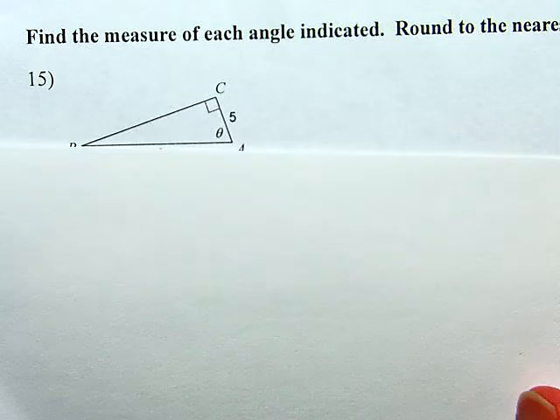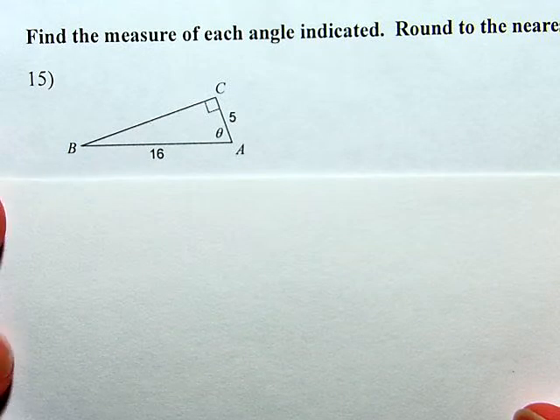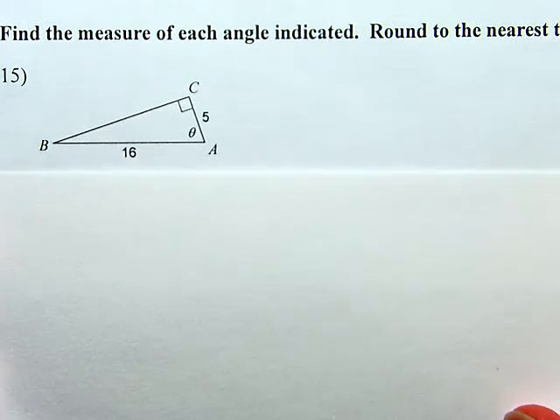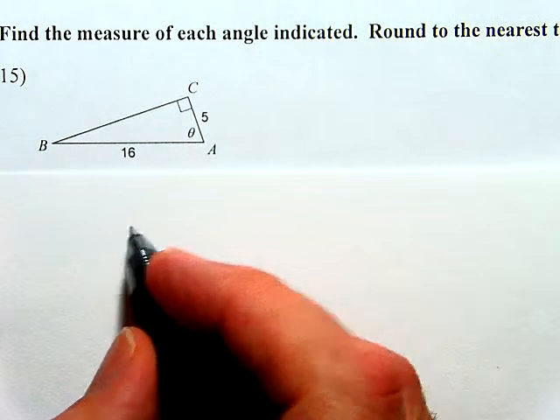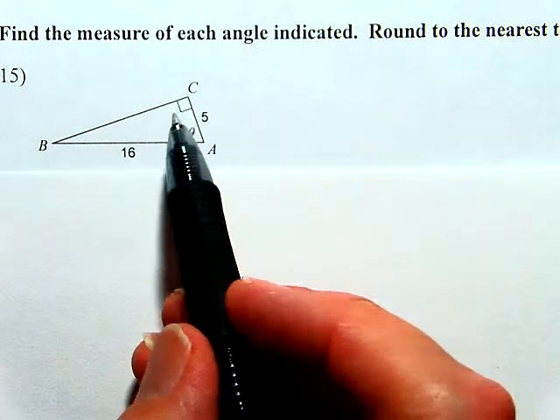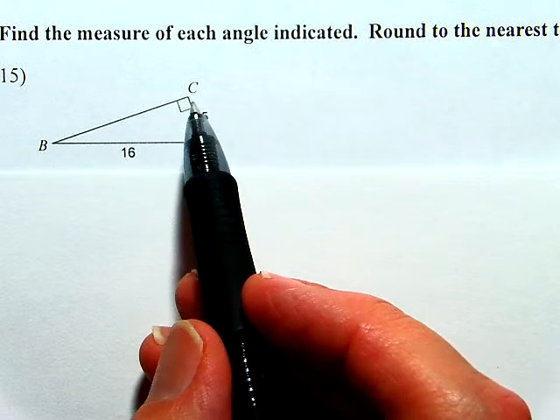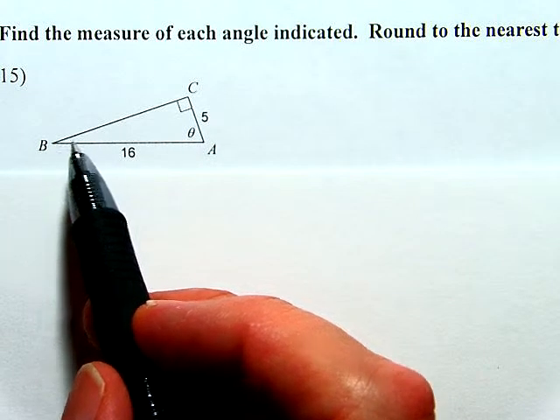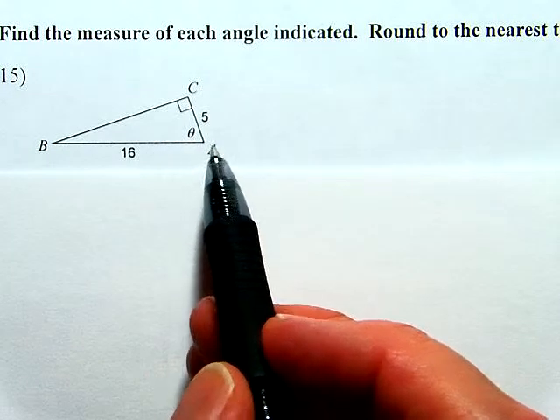So let's take a look and see what we can do with this. We've got to find out what theta is. And this is another right triangle. And what sides are we given with theta? Obviously, we're given a hypotenuse here, right?